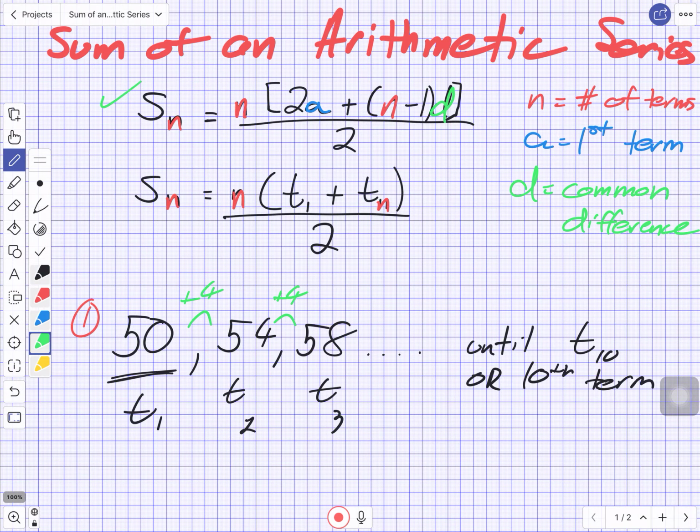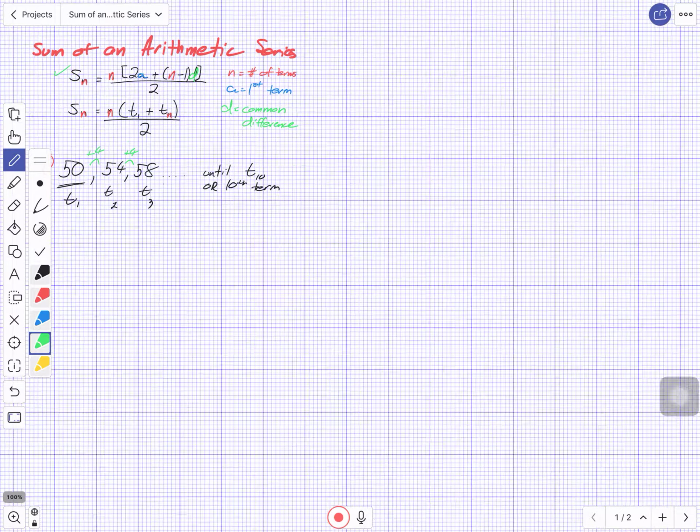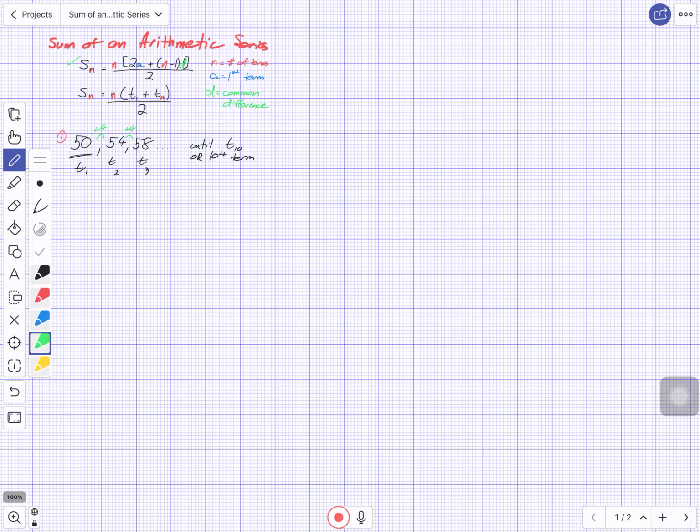So let's shrink it, put it in that little corner there, and then we'll write out our formula. So S10, the sum of the 10 terms in this, is equal to, we know that n is the number 10, so I'm referring to that little formula there on the side, okay?